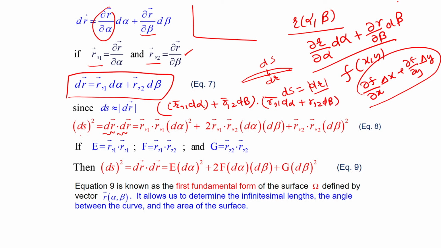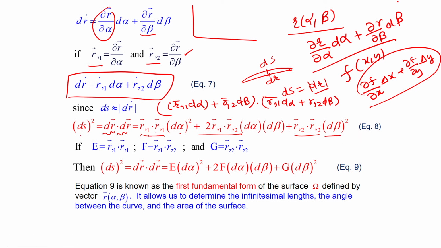So, it becomes r comma 1 squared d alpha square, then a mixed term, twice r comma 1 dot r comma 2 d alpha d beta, then r comma 2 squared d beta square.